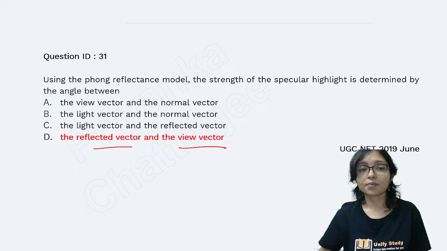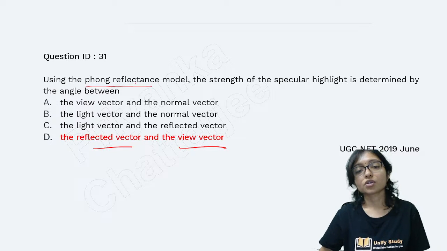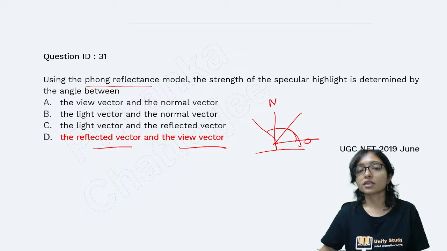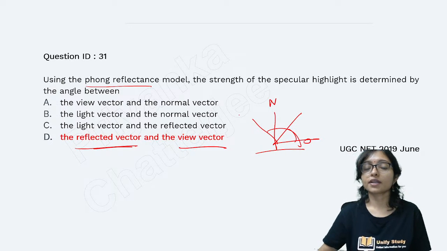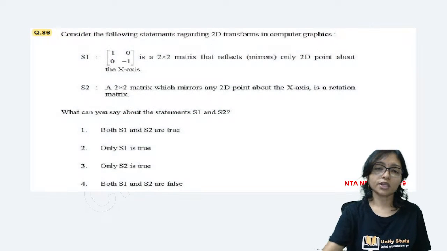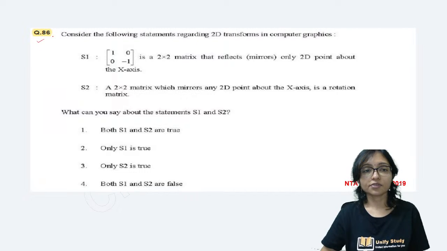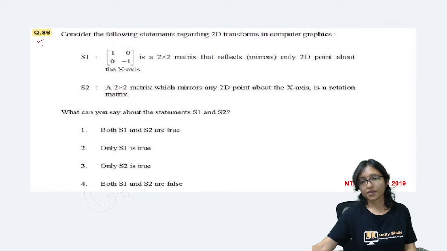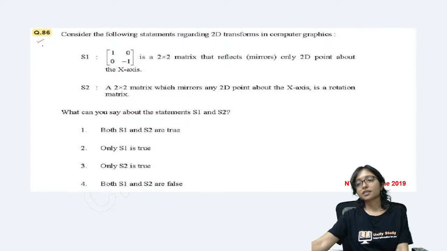Yesterday we discussed the Phong reflection. In the Phong reflection we saw the normal vector, this is your light, this is your reflected vector, and here this is your viewpoint, this is your normal. So what is the difference between the reflected vector and the view vector? That is the Phong specular model. Now what will be the answer for this one?